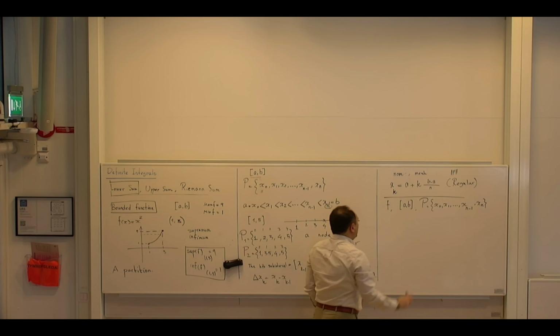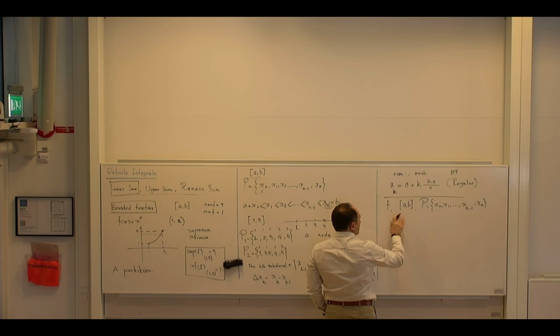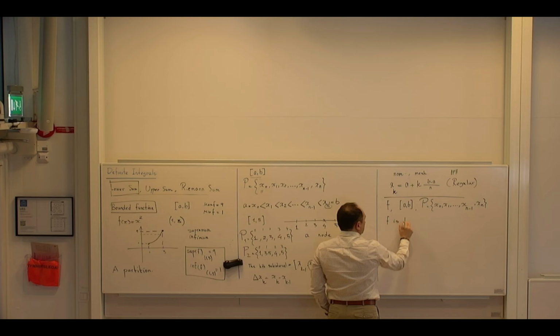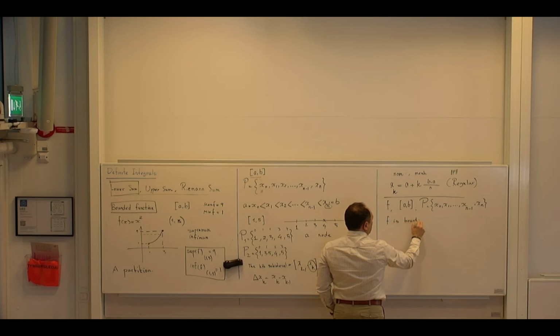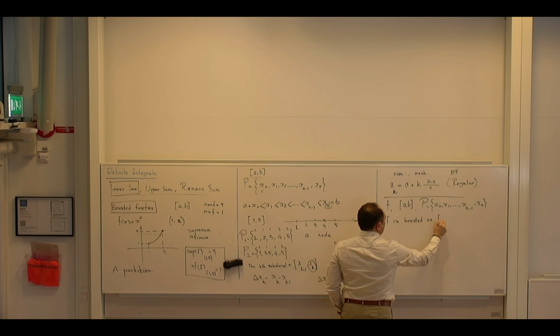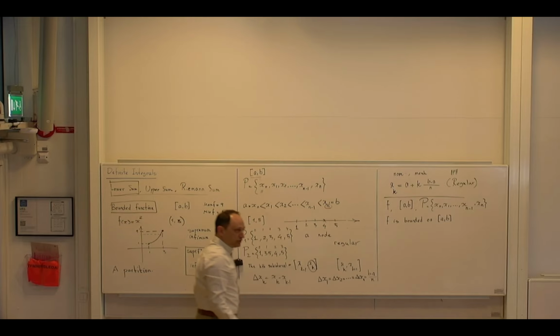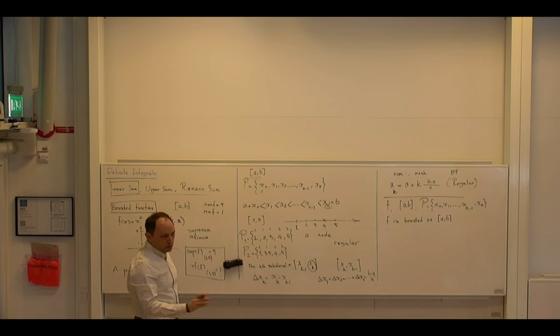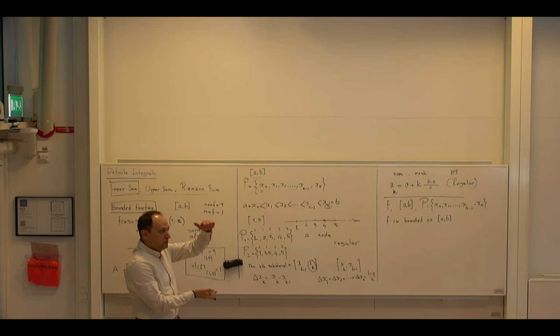The only thing that I ask is that f is bounded on [a, b]. So I'm not even talking about f being continuous. f can be continuous or discontinuous, but it is bounded.